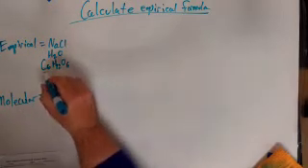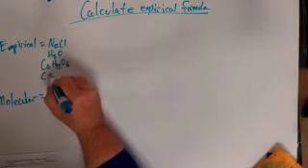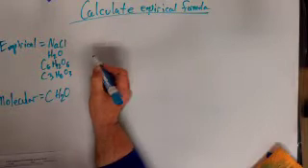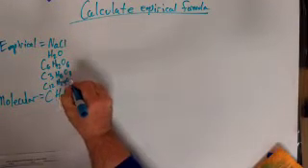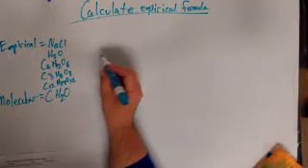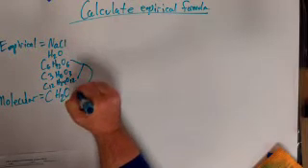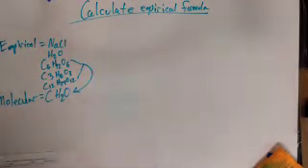I mean, you could also have C3H6O3 or C12H24O12, right? And all three of these would have the same empirical formula. So that's the difference. Now, right this second, we want to find an empirical formula.